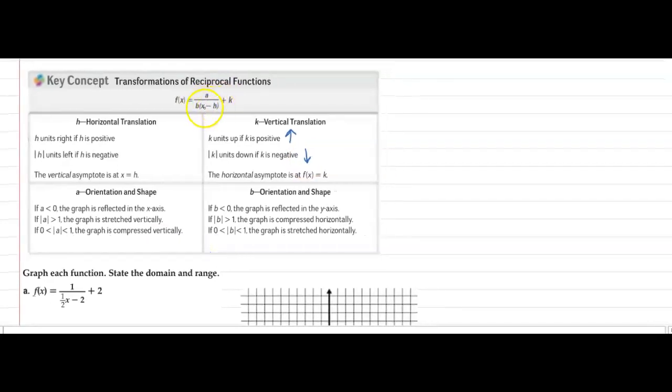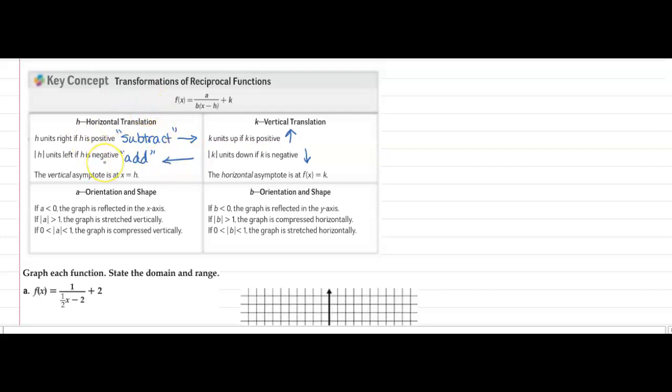Similarly, if we have a number in the denominator next to x and we subtract, it's going to go to the right. And if we add a number next to x, it's going to go left.